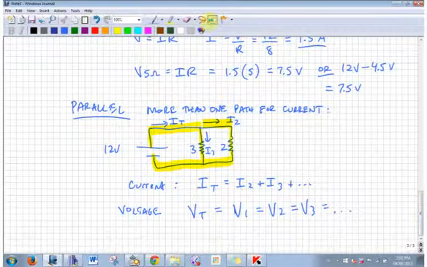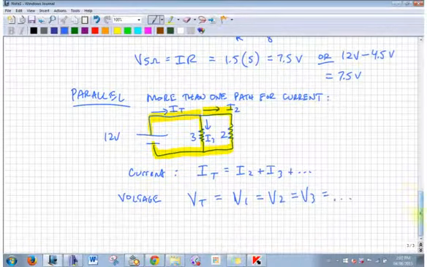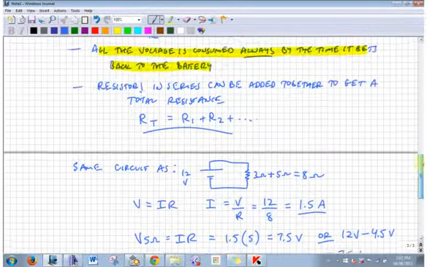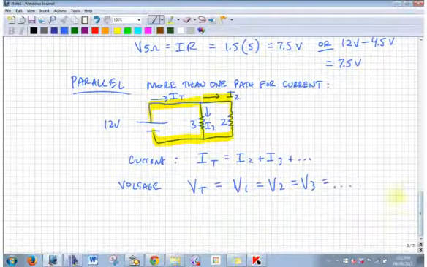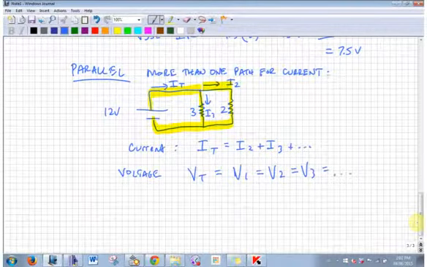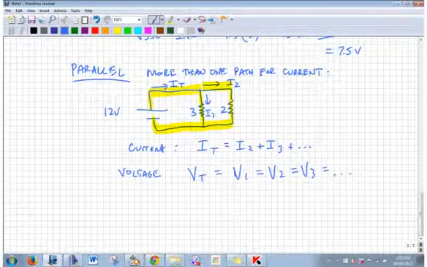Okay, what about resistance? In series, all we do is add them up. Here, do I want to generate this formula or just tell you? Okay, that'll save a few minutes.